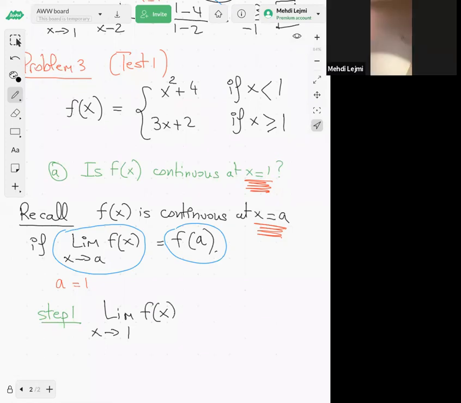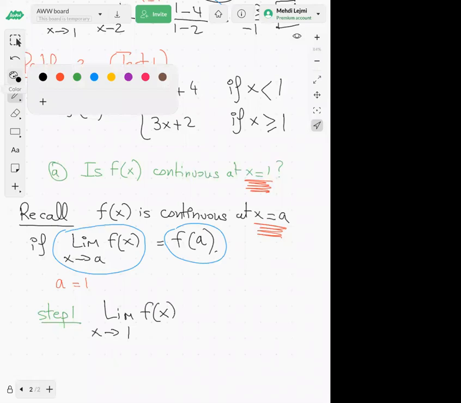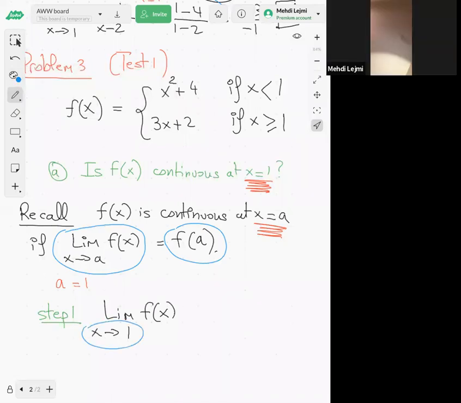Actually, we have to use both, because when you say x approaches 1, it means x approaches 1 from the left and also from the right. Here's 1, and there are two ways to approach it.